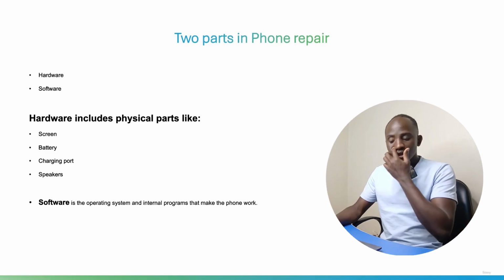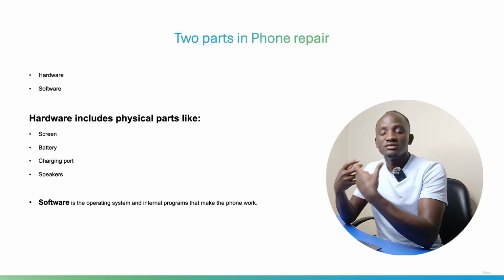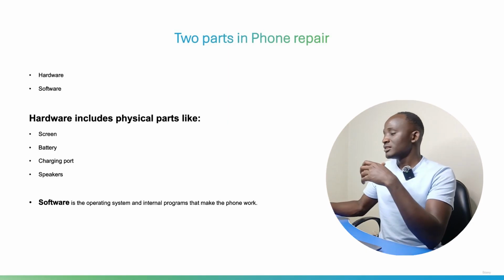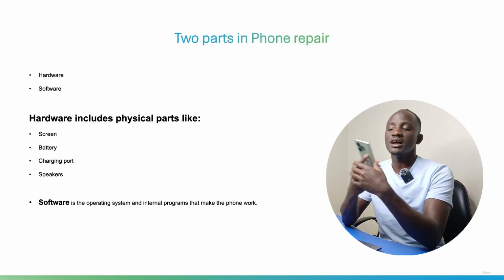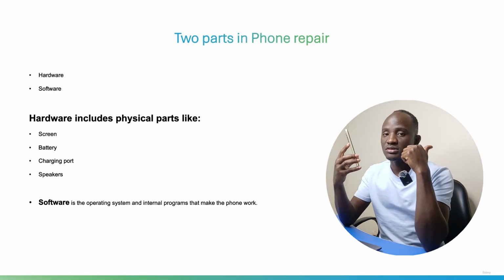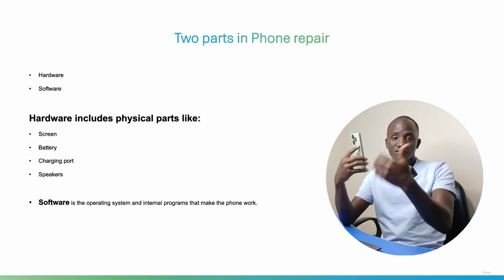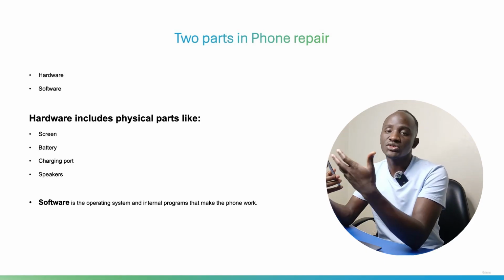Software, on the other hand, is the operating system and the internal programs that make the mobile phone work. It is the programming fed into the phone to make sure it can make calls, connect to the internet, run different programs, and install apps.